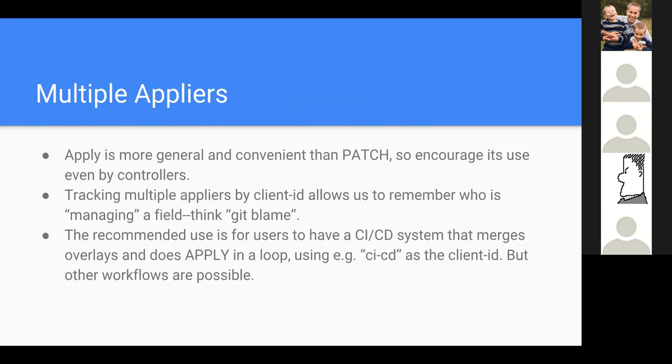My general theory on that is that we should shuffle the error messages to users and not to controllers, because users are likely to read them and maybe understand them and do something intelligent, and controllers are likely to just try again. So it's best if we give users the errors. Users will have to tell us, because even tools like kubectl and Helm can be put into automation. Yes, everybody needs to handle errors.